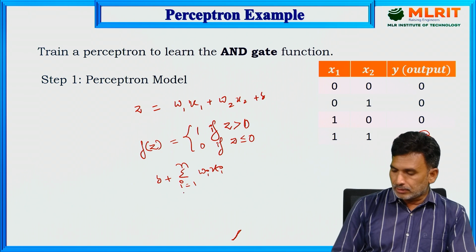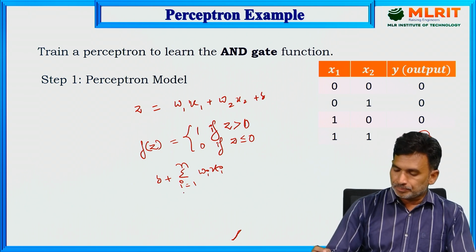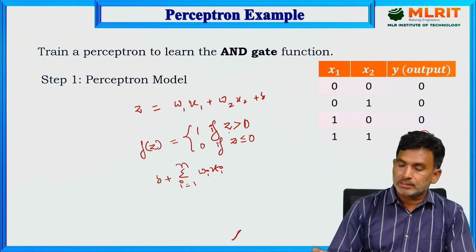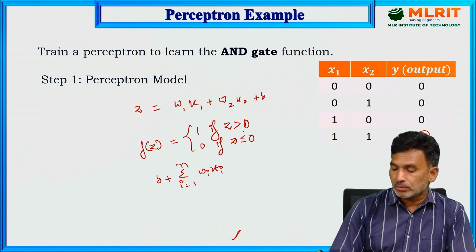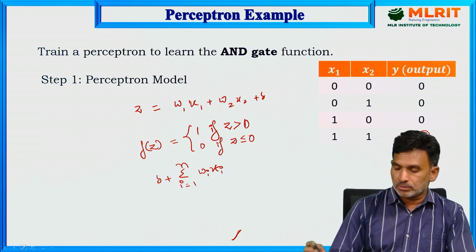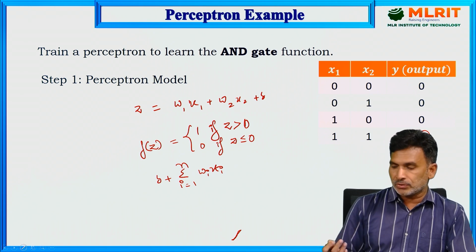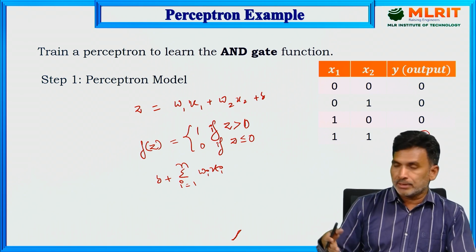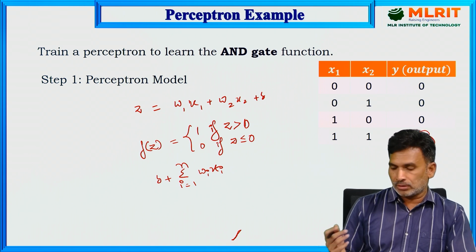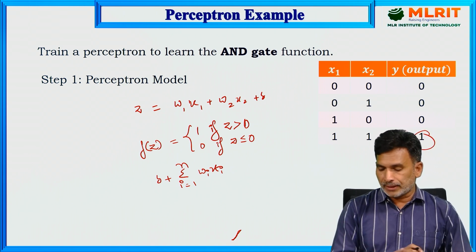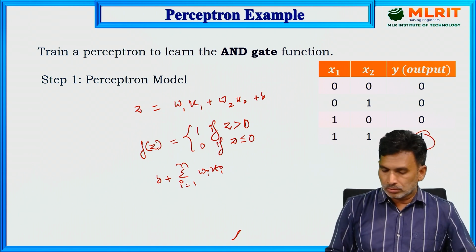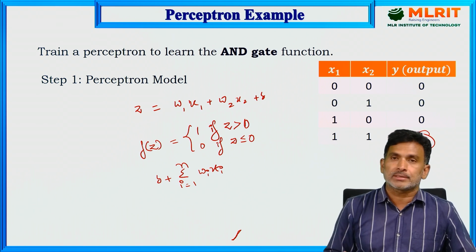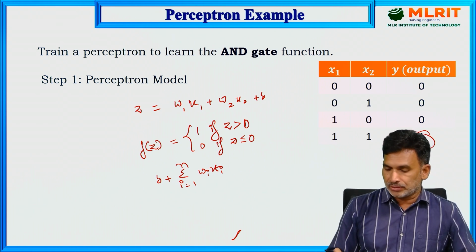So G greater than 0 gives 1, and if it is less than or equal to 0, then it produces the output 0. You can also check whether it is working, whether it is accurately predicting or not. First let us try to understand how this Perceptron learns this AND gate function.